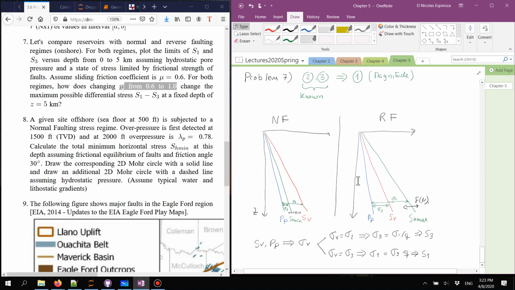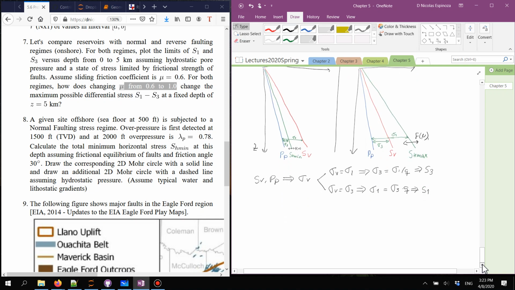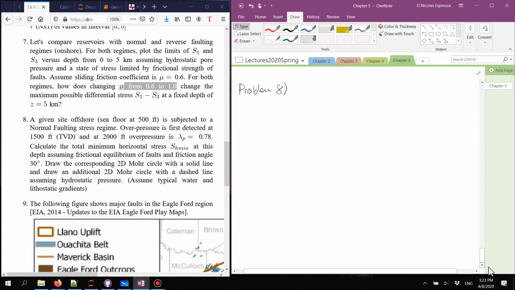Problem number 8 is very similar to problem number 7, this part, because it's a normal faulting, but in problem number 8, you need to consider what is the effect of water.